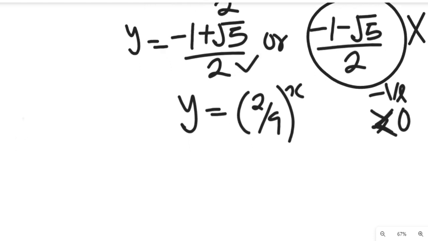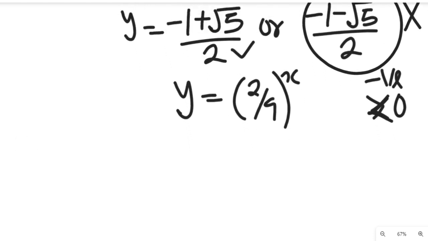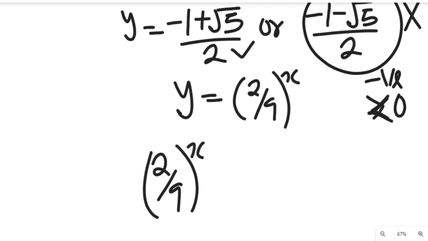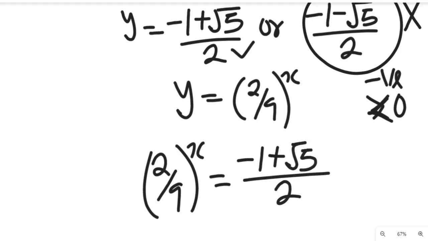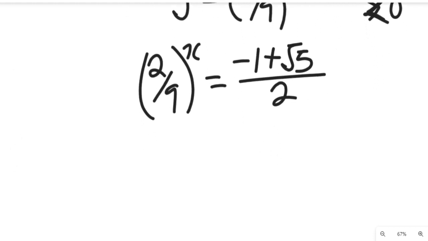If we have that, we're going to have y now equal to 2 divided by 9 all to the power of x, equal to -1 plus the square root of 5 divided by 2. Now to solve this equation, we are going to use logarithm.